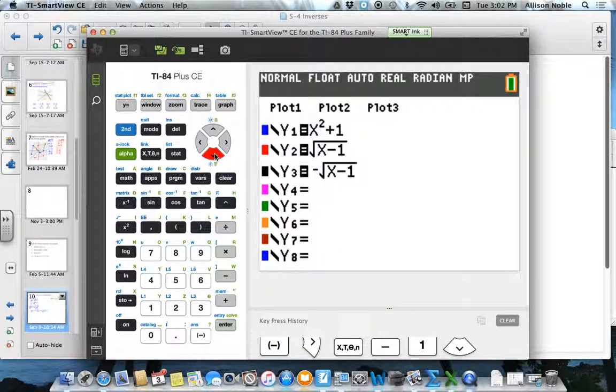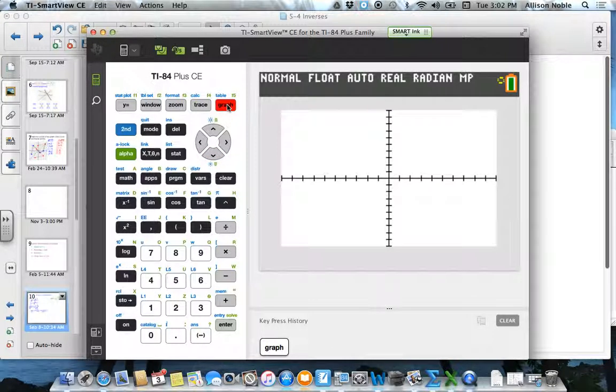I have to put them both separately because they're both individual functions, not a whole function. But when it graphs, there's my original function, and then there's the inverse of it. So it has to have both pieces to be the complete inverse of my original function. That way it shows the actual inverse, not just half of the inverse.